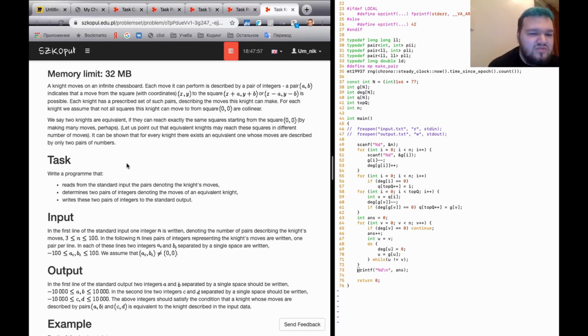We are starting from 0, 0, and then we can do for example 5 moves with one vector and minus 3 moves with the other. Minus 1 move means that we go in the opposite direction, using this option to go to x minus a and y minus b. So in the end we will end up in the position 5 times the first vector minus 3 times the second vector.